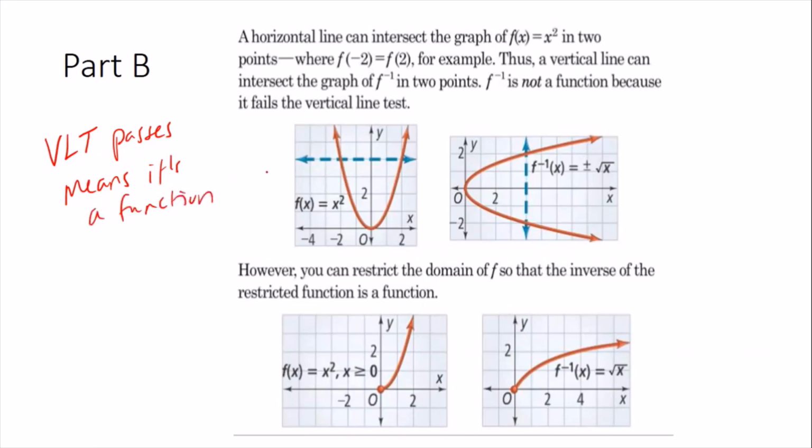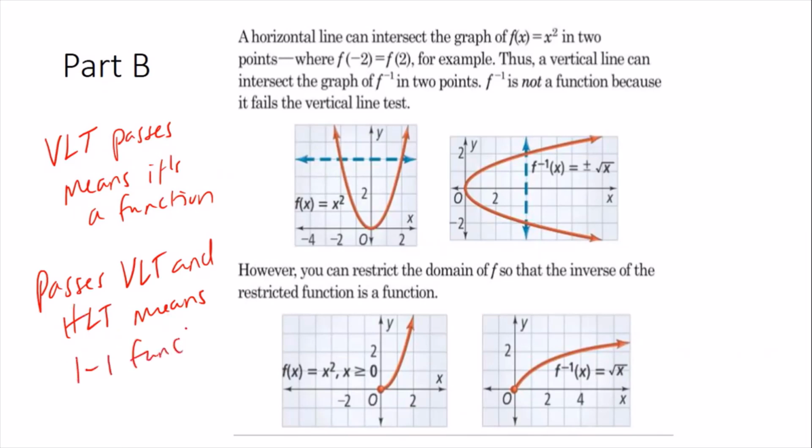Okay, yes. If it passes VLT and the horizontal line test, that means it's, that's a lot of humps in my M's, just go with it. Means that it's a 1-to-1 function. Okay, do those ring bells?